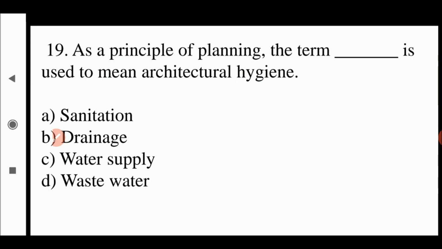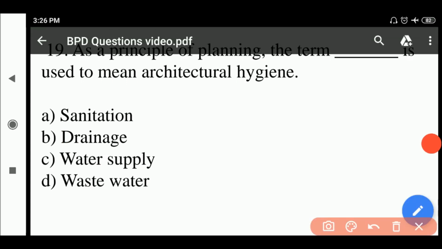As a principle of planning, the term dash dash is used to mean architectural hygiene. Option 1, sanitation. Second, drainage. Third, water supply. And fourth is wastewater. So the architectural hygiene is related to sanitation. So option A is the answer.